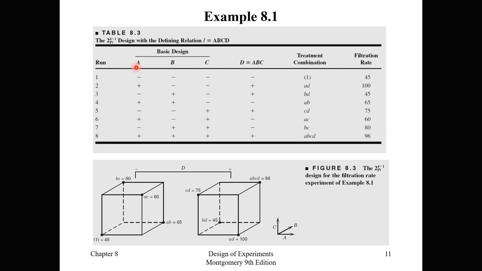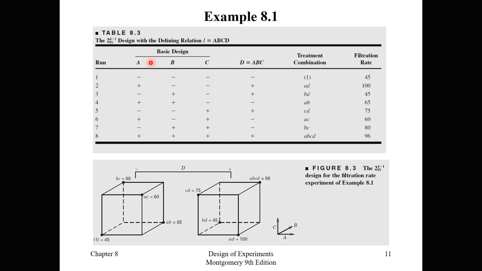In this particular case, we'll try an example. We're going to be constructing a 2 to the 4 minus 1 design with the defining relation I equals ABCD. So what we would do is create that 2 to the 3rd design, ABC. This is a full 2 to the k equals 3 design for ABC.